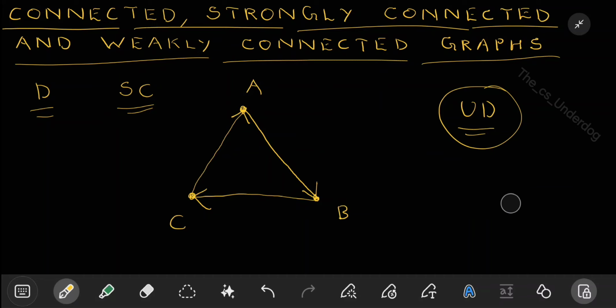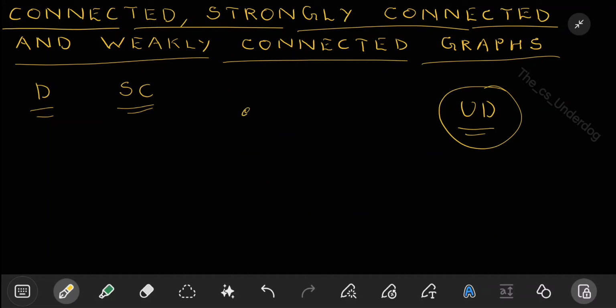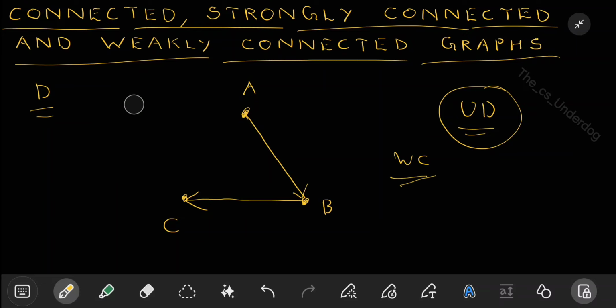I'll give an example. If instead of this, you had, let us say, same vertices A, B, and C, and the direction you have is from A to B, you have an edge, and let us say from B to C also you have an edge. If this is the situation, then this is weakly connected. Why is it weakly connected?